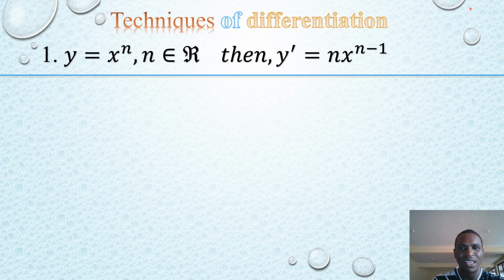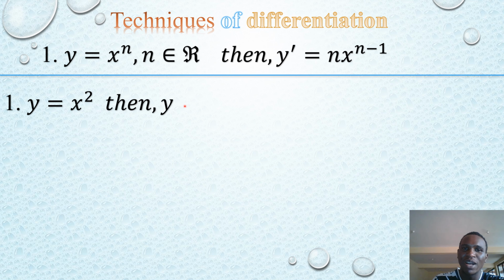That is all. For instance, the first example where we have y equals x squared, where we went through a long procedure from first principle before we got the answer. If you are doing it directly from this rule, our function y equals x squared, then our y prime will be equal to what? I simply copy the power, which is 2, in front of the function, then reduce the power now by 1.